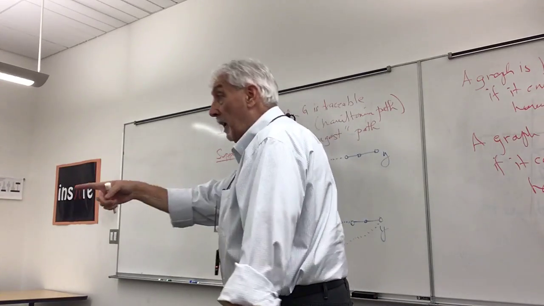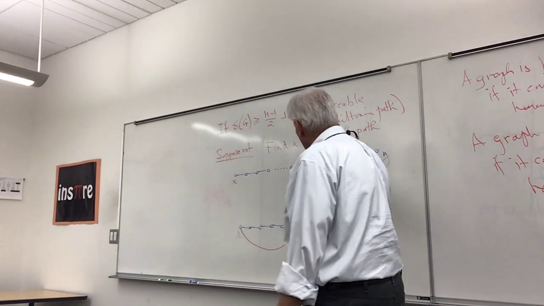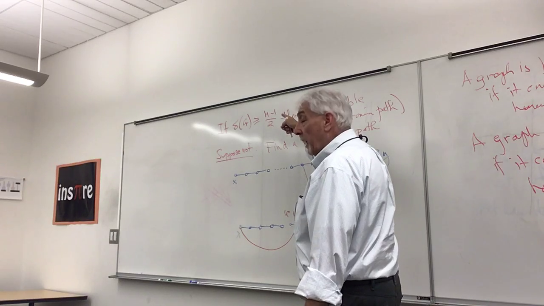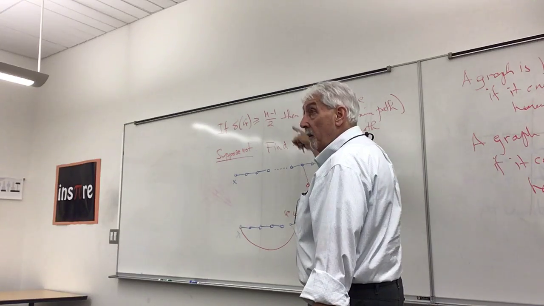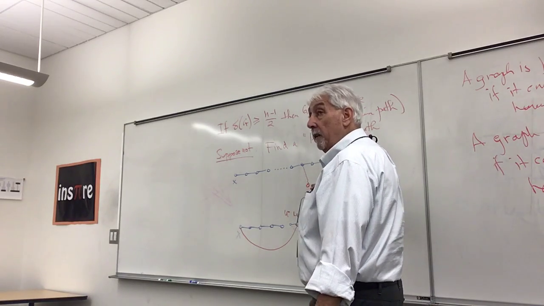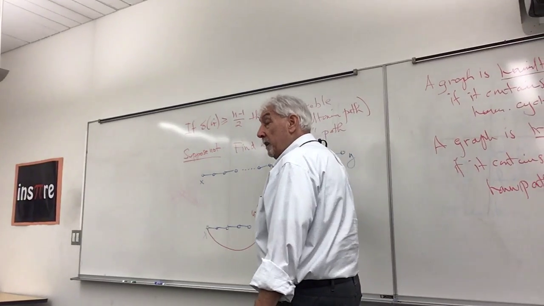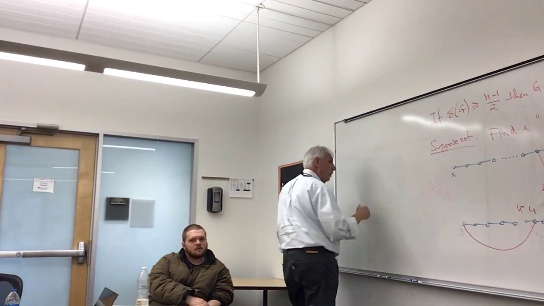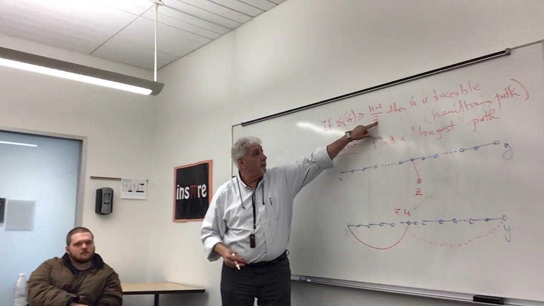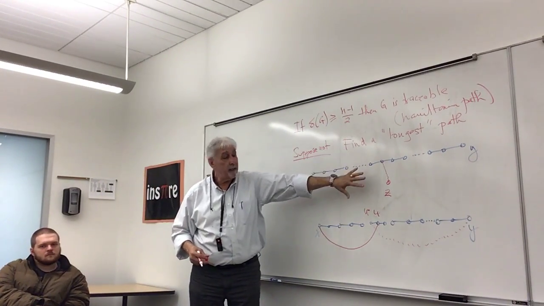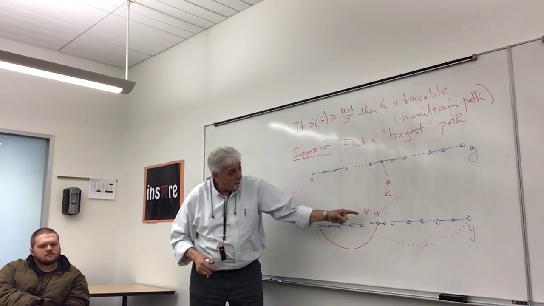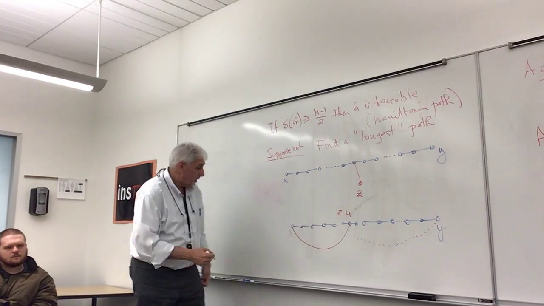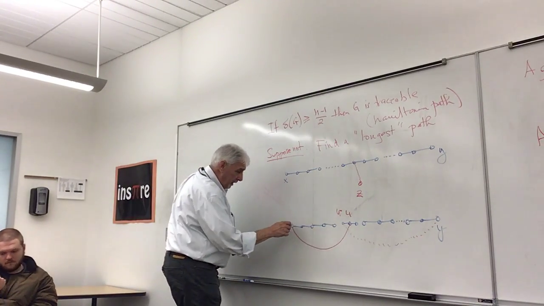Okay, it's a cycle, and what do we know about a graph with min degree (n minus 1) over 2? What do we know about this point z? It must be adjacent to something on the path. One more time, we showed that if we have min degree (n minus 1) over 2, then the graph is connected. If y is adjacent to u minus, one more time, I'm going to draw the picture.